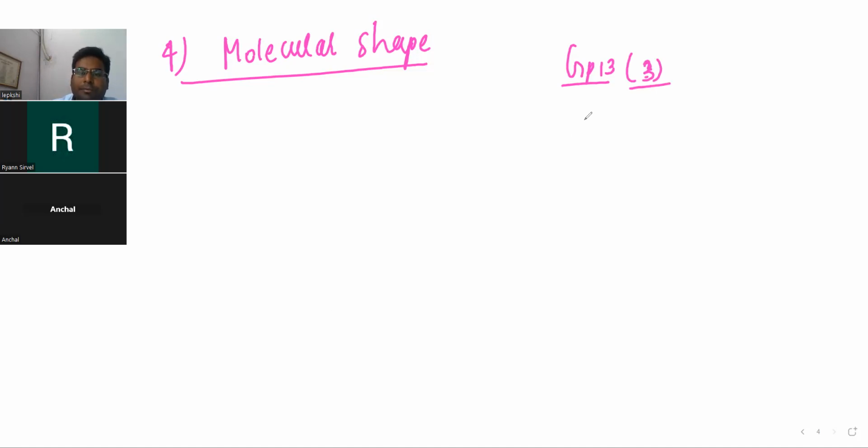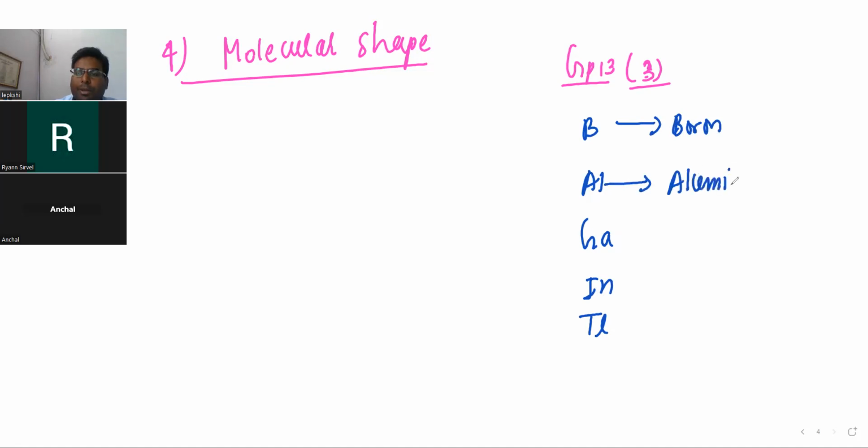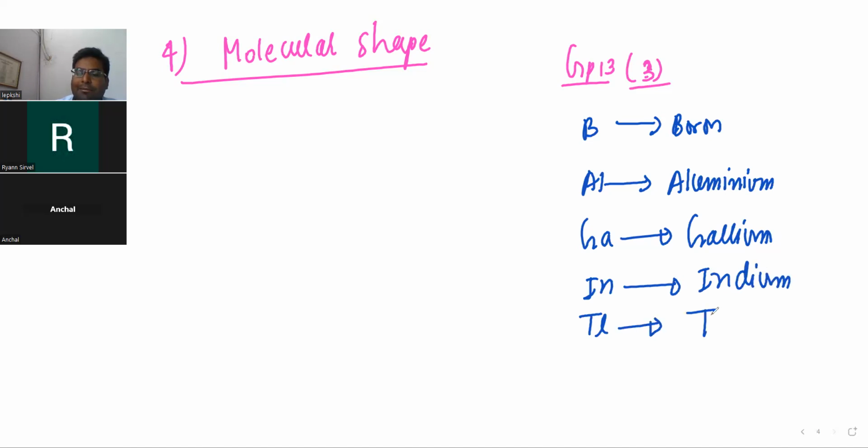It starts from boron, aluminum, gallium, indium, thallium. So how to remember? Bagan, alu, gajar in thela. So B for boron, L for aluminium, Ga for gallium, In for indium, Tl for thallium.